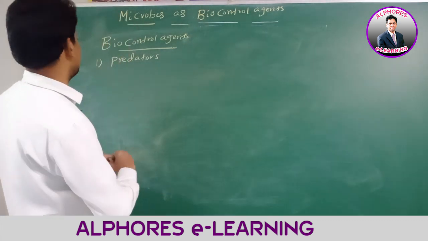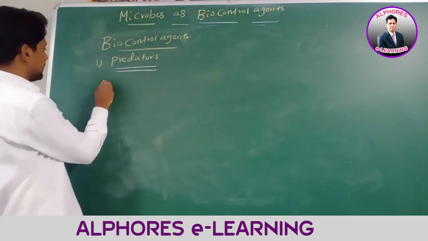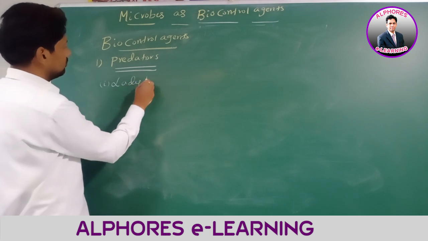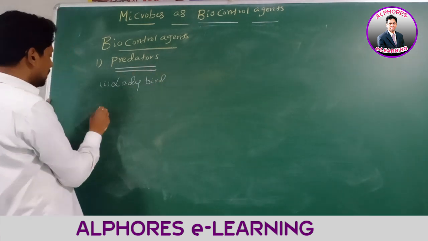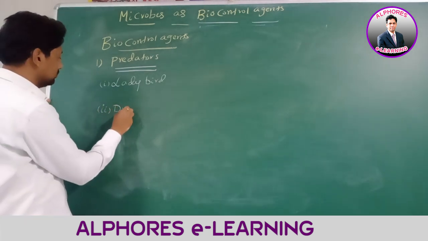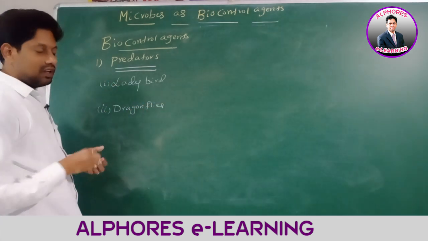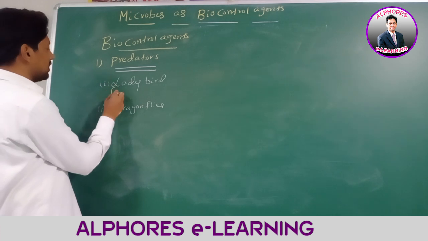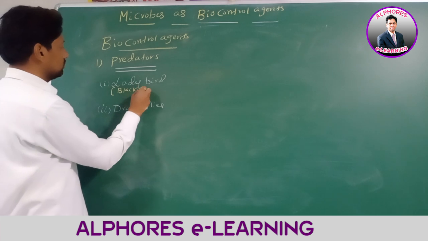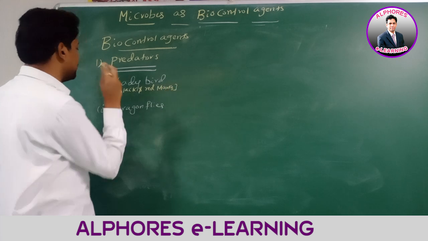Now listen here. Here we are discussing two important predators. The first one is the ladybird and the second one is the dragonfly. Generally, ladybirds have black and red markings on their body.